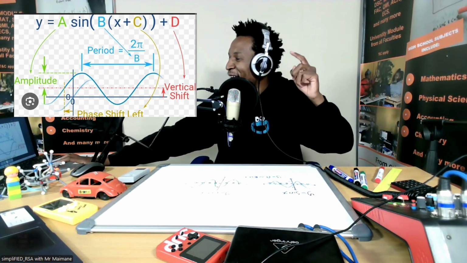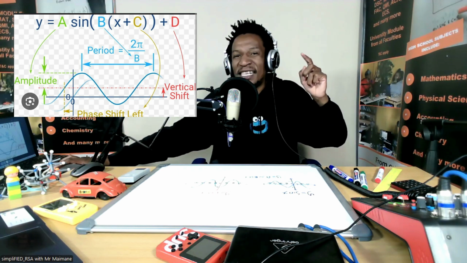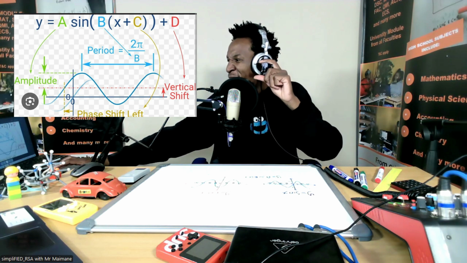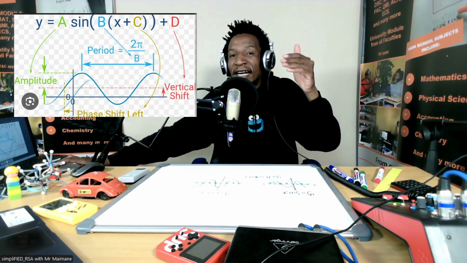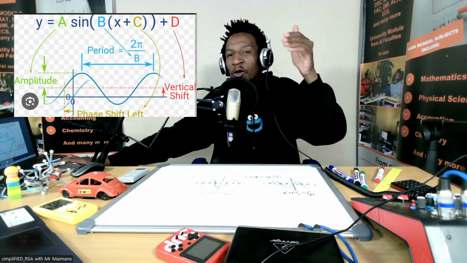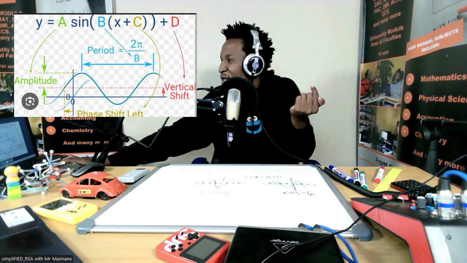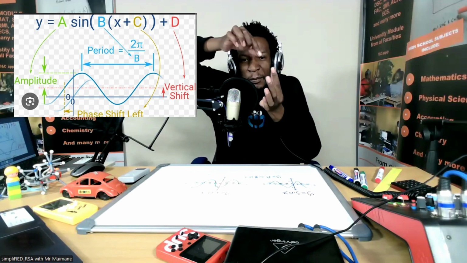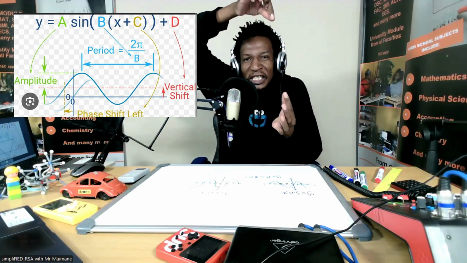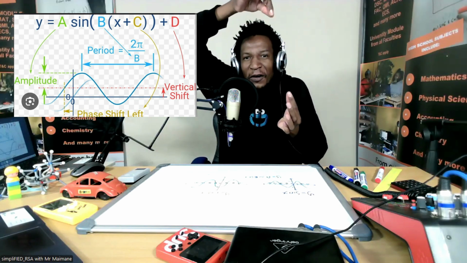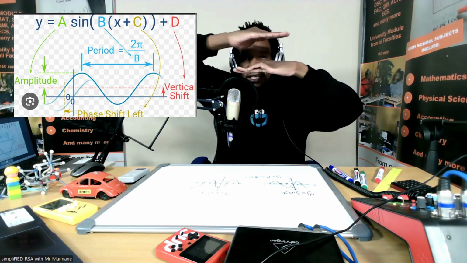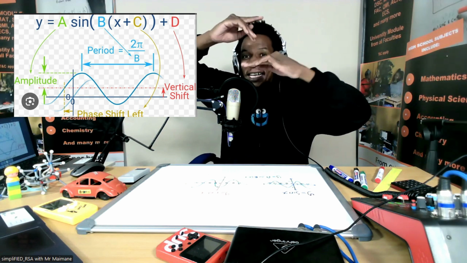The a, as labeled in green, represents the amplitude. For the standard graph, the amplitude of sine x and cos x is just 1. If there's any change in the amplitude, you can see how the shift is going to happen. The amplitude affects the stretching of the graph, based on the y-intercepts.